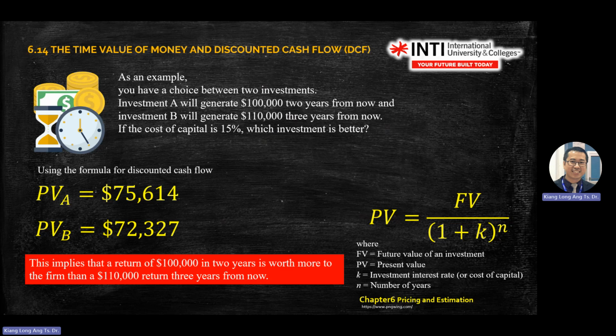So in this case, the company A will give you a better return. Okay, it generates faster income for you.